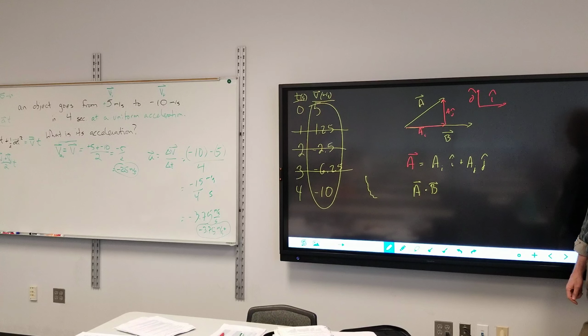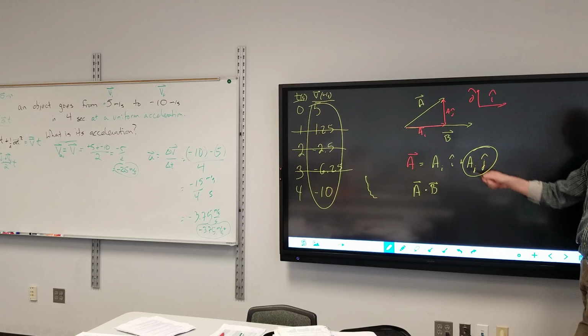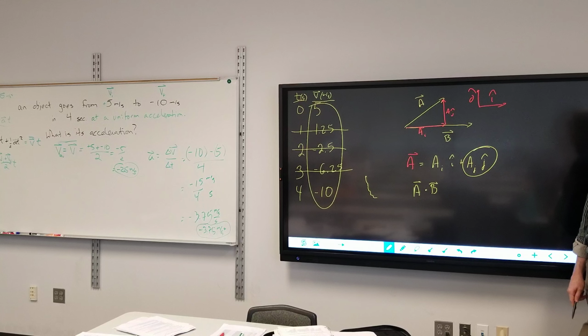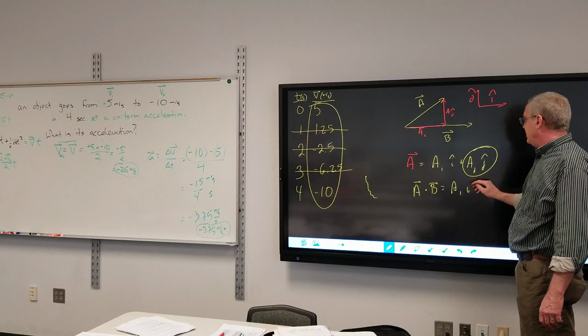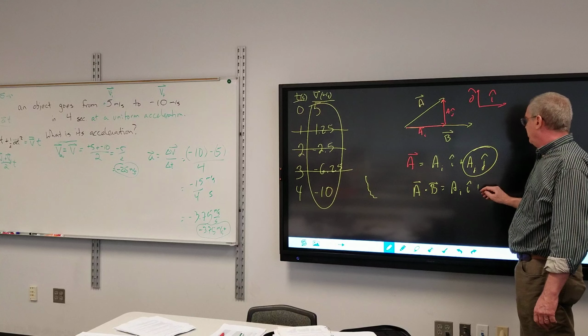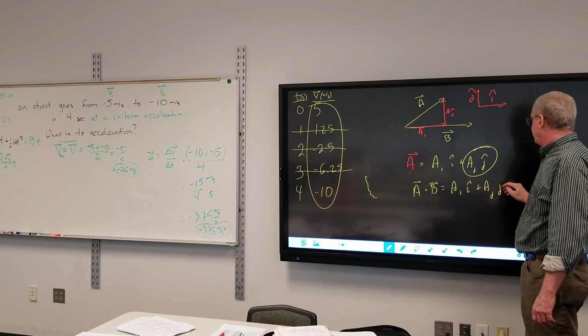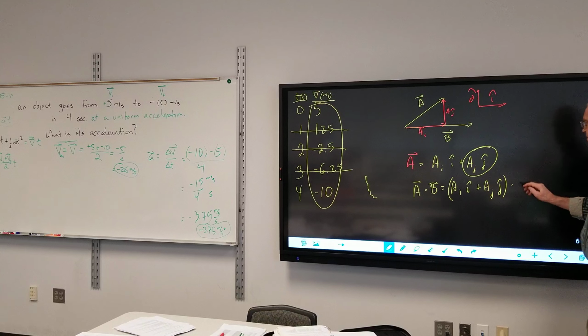So what I'm going to do when I'm multiplying these is multiply the parts that are parallel to each other. This part right here is not parallel to B. So what I end up doing is A sub I hat plus A sub J hat, dot B, which is a magnitude of B in the I hat direction.